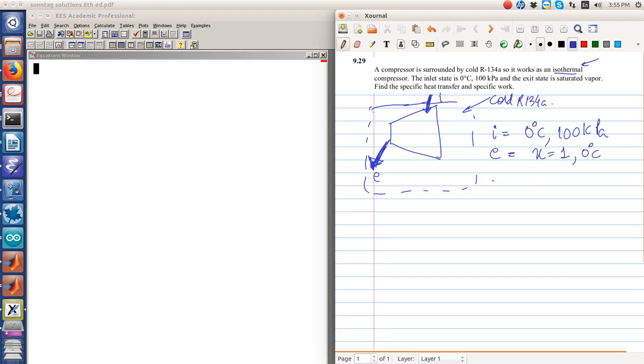The first law tells us that for a steady state steady flow process, 0 equals Q dot plus m dot h_i minus m dot h_e minus W dot.